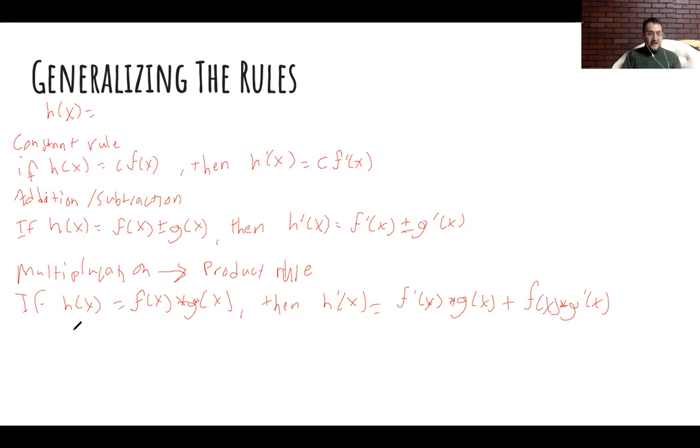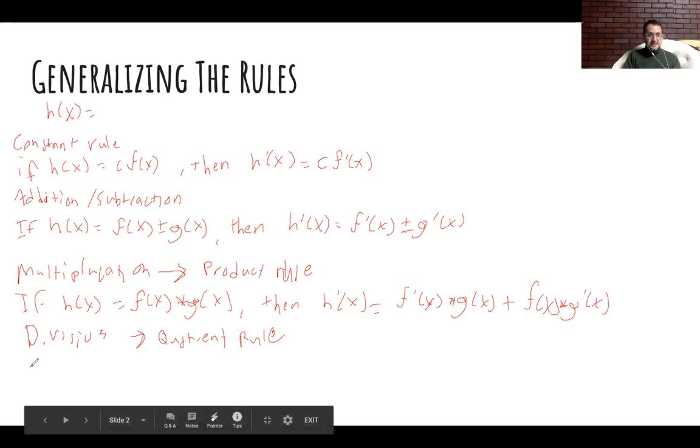All right, and then we have, last but not least, the division, which is the quotient rule. So this says if h of x equals f of x over g of x, then h prime of x is essentially your quotient rule.